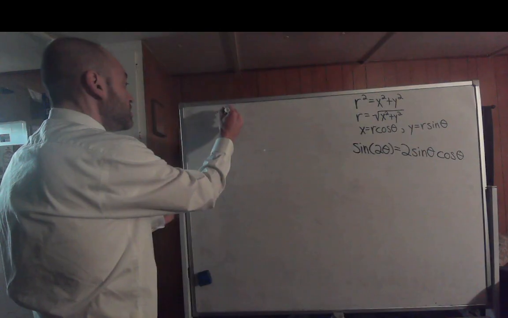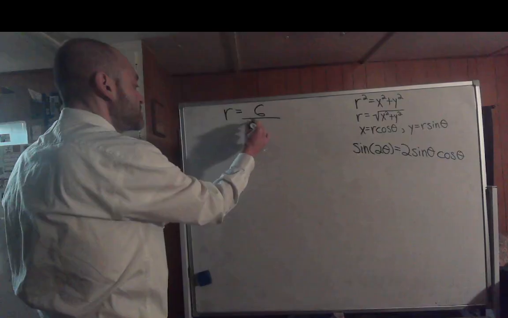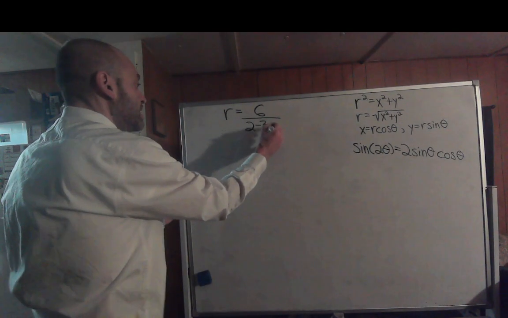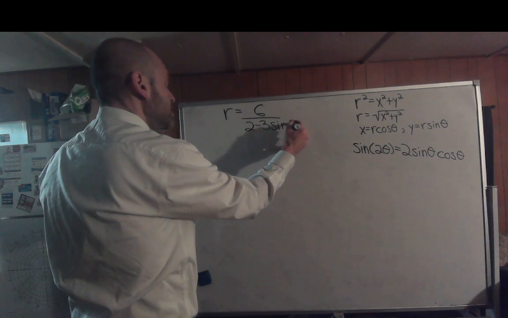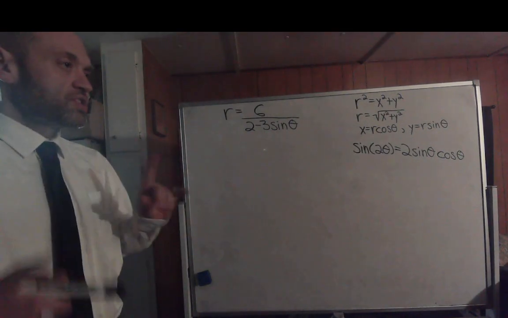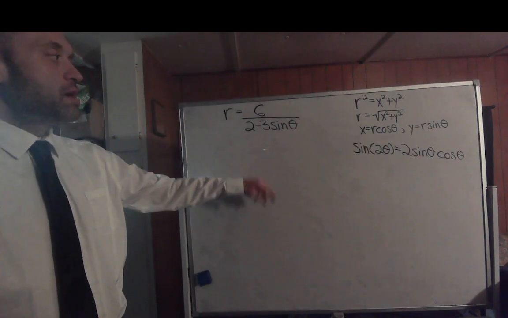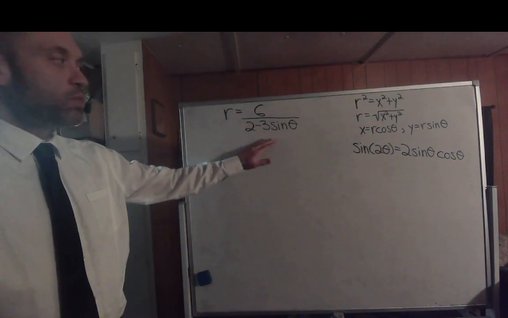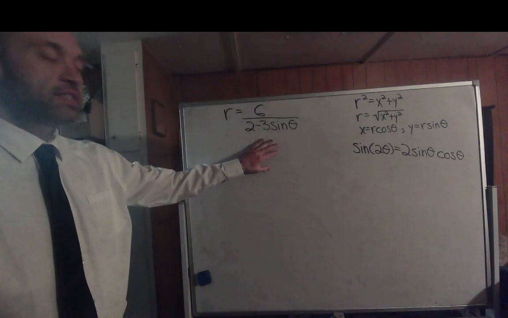Alright, so r equals 6 over 2 minus 3 sine of theta. Notice here, we don't have a single one of these equaling 1 for any of our coefficients or constants.